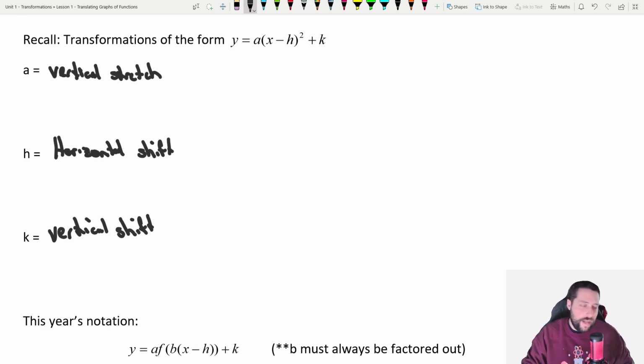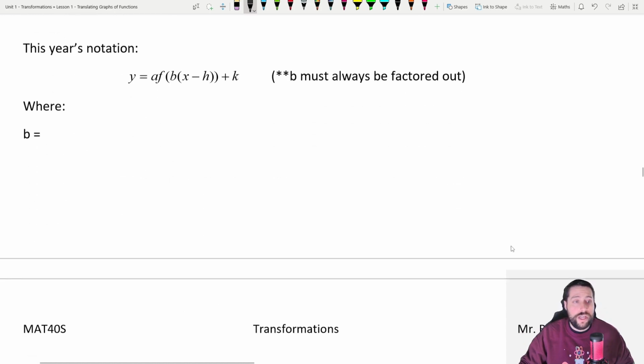So that's the notation you were using last year. This year, the notation is going to be a little bit different, where y is equal to a f(b(x - h)) + k. The main thing that we should probably highlight is that b must always be factored out. Always.